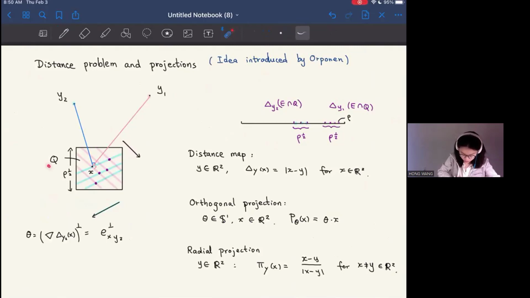Assume that Q is a box of side length rho to the 1/2, and x is a point in Q. And y1 and y2 are distinct points far apart from Q, say the distance between them is about 1.